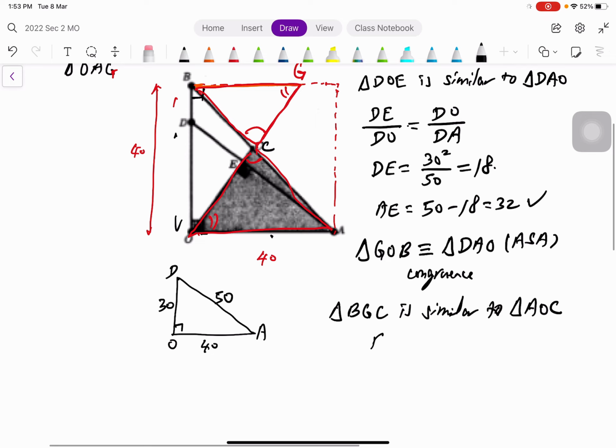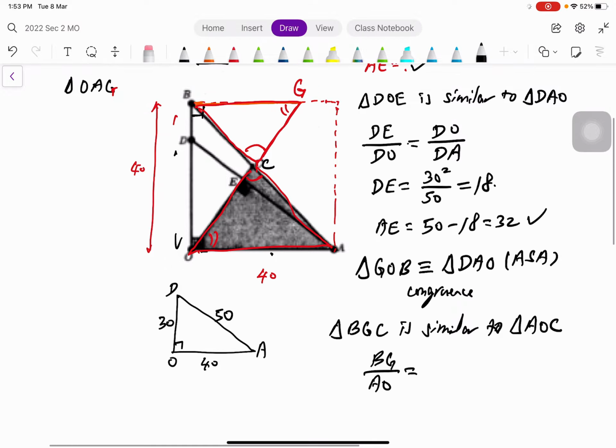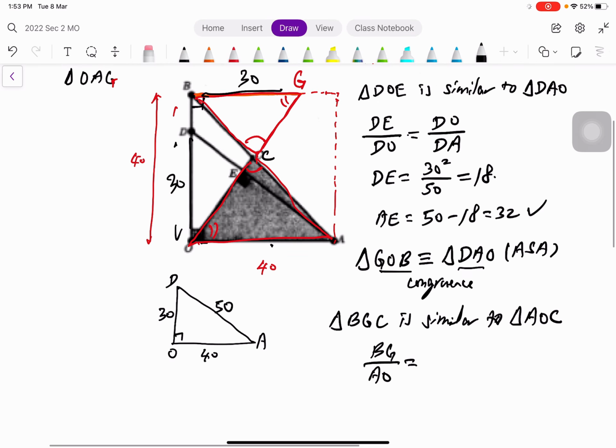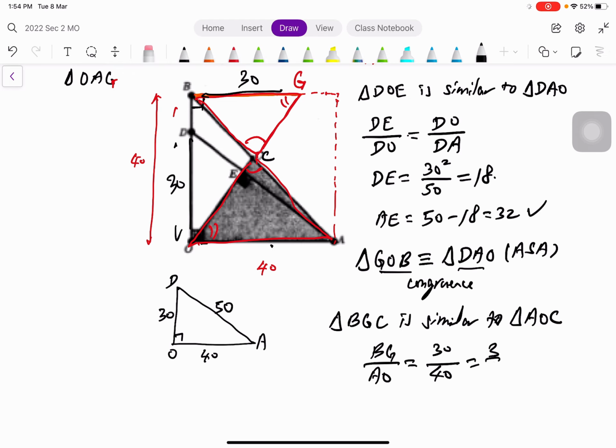Therefore, can you see that BG over AO is just equal to what? Take note, because these two triangles are congruent, this is 30, therefore this part here has to be 30. So BG is 30, and this is 40, and this would be just equal to 3 over 4.